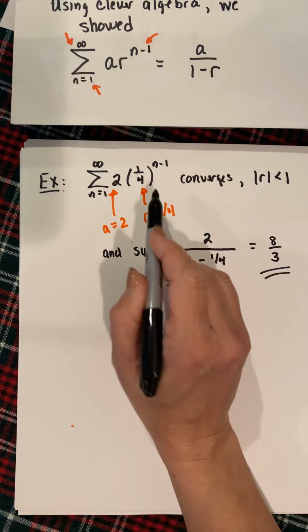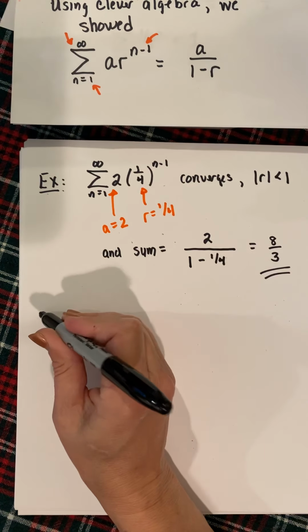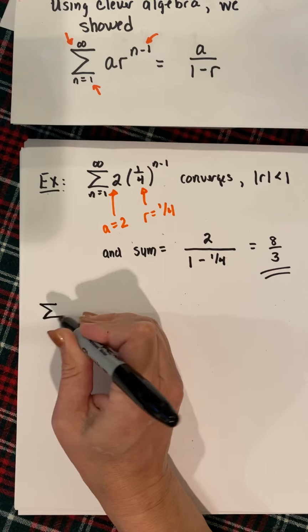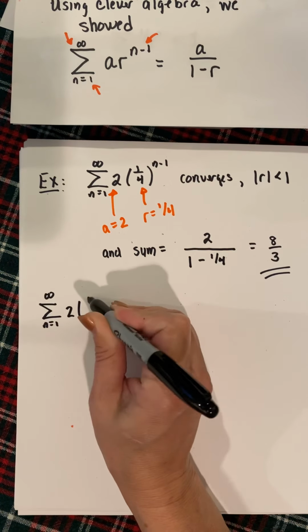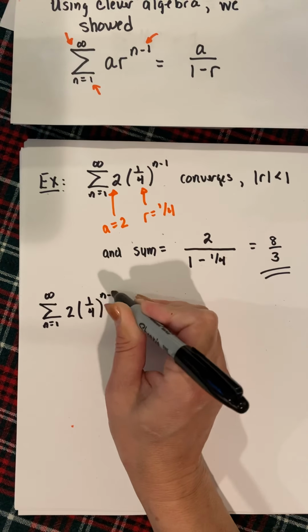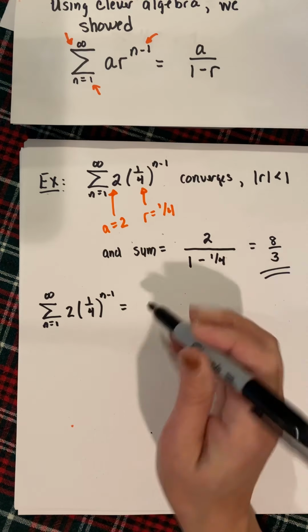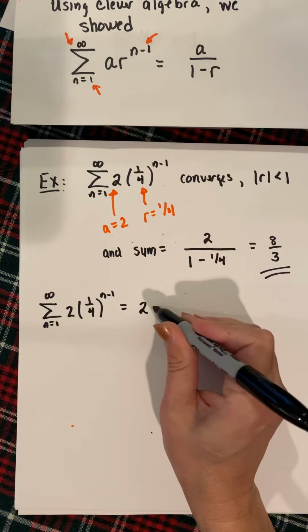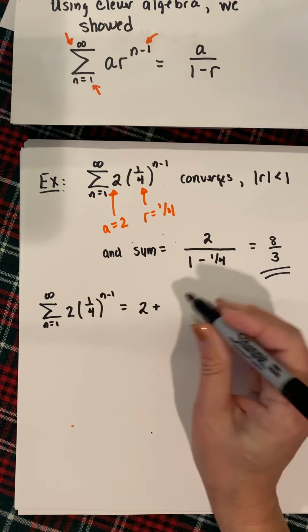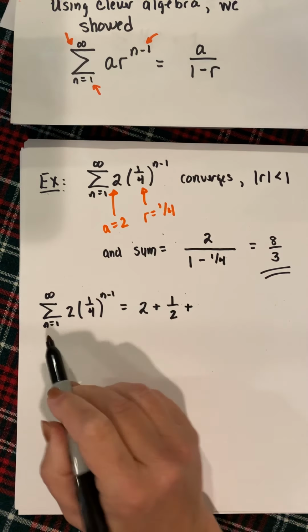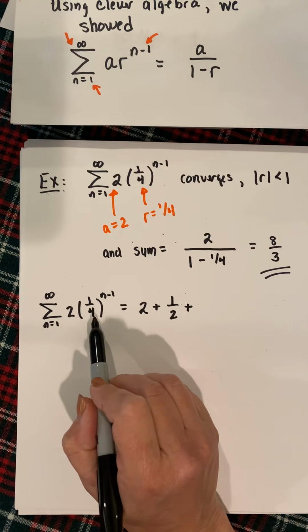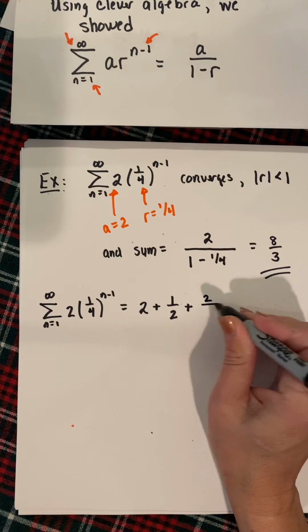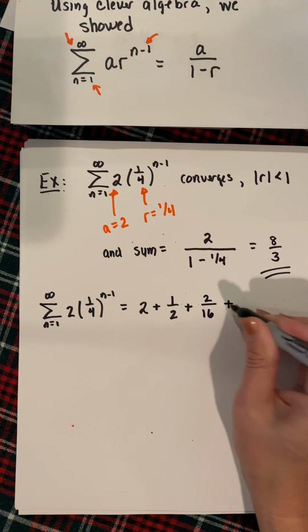Just to remind you what we're doing here, 2 times 1/4 to the n minus 1 power means, if we put 1 in here, we're at 2. Plus, if I put 2 in there, it's 2 times 1/4, which is 1/2. If I put 3 in there, we get 1/4 squared, so 2 over 16, which would be 1/8.